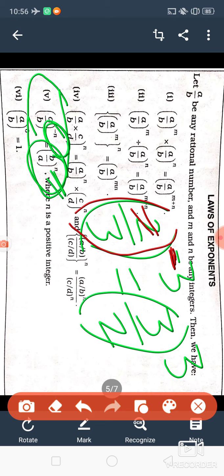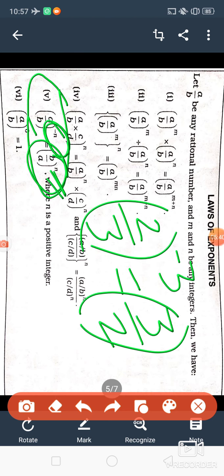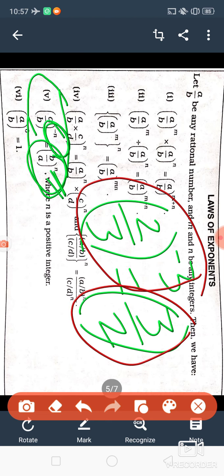This numerator will go into denominator and this denominator will come into numerator, and this minus sign will become a plus sign. Plus sign, no need to write. So overall what are we getting? (2/3) to the power minus 3 is becoming (3/2) to the power 3. I hope it is clear to you.